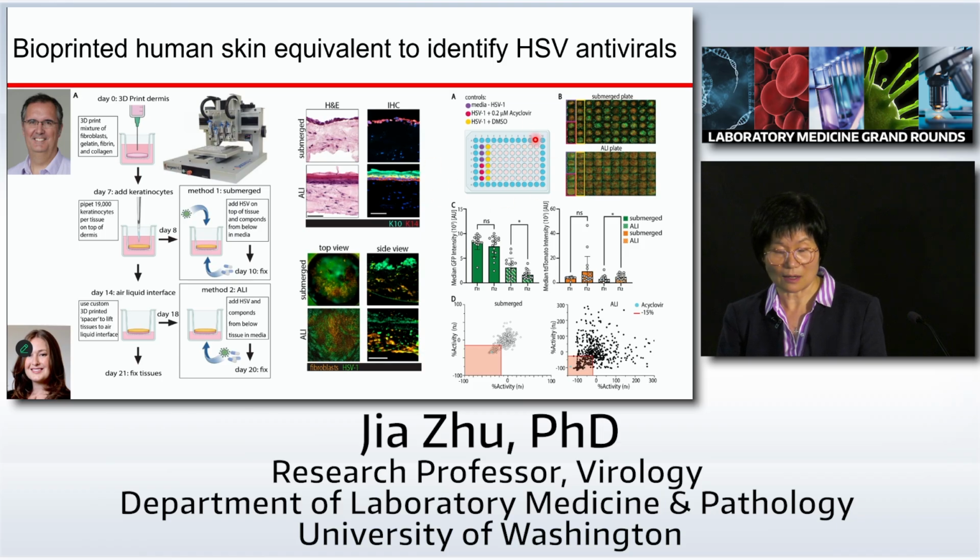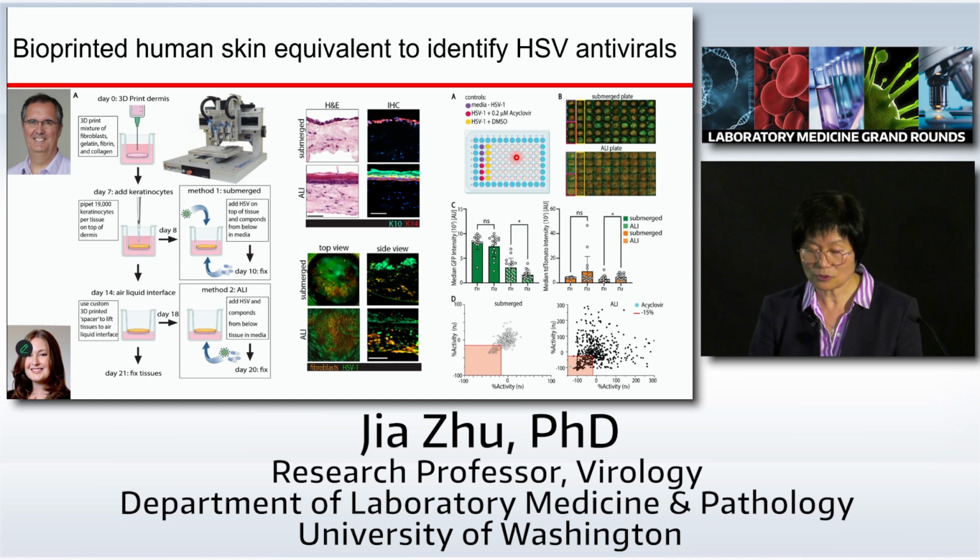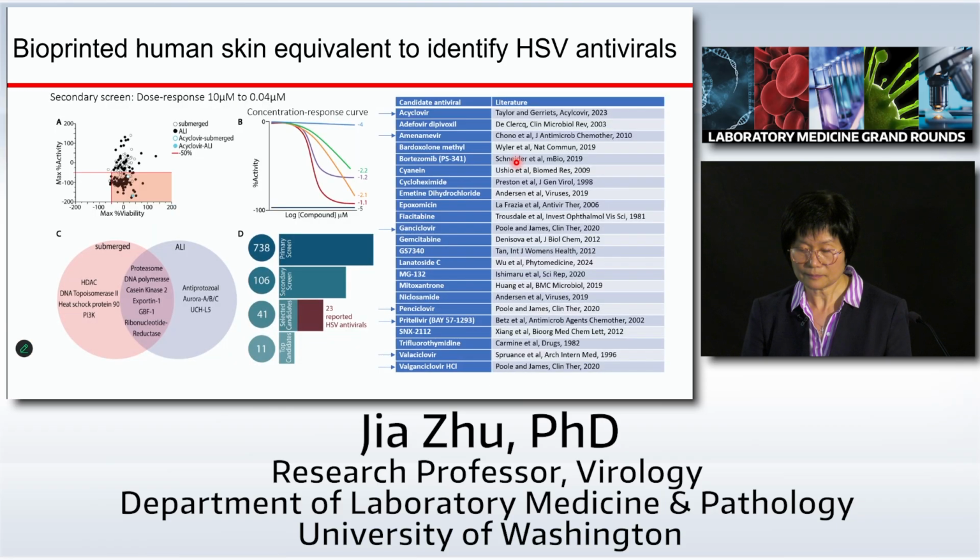And this is the layout of our 96-well plates. We include both positive and negative controls on each plate to account for any variations in screening. We implemented a primary screen of 738 compounds at a single dose of 10 micromolar using 3,840 bioprinted human skin equivalents.